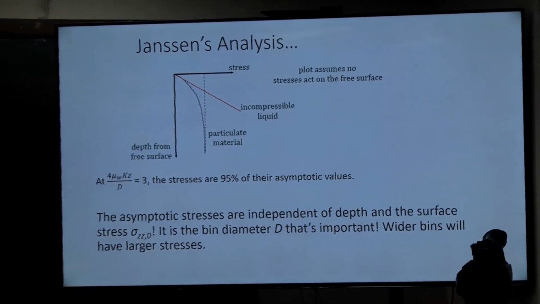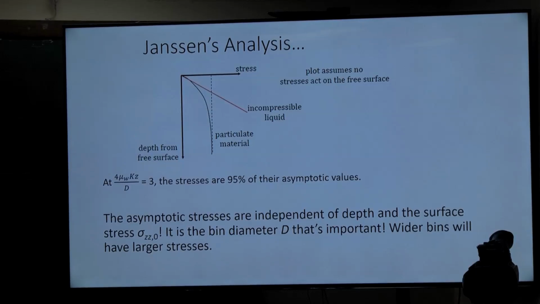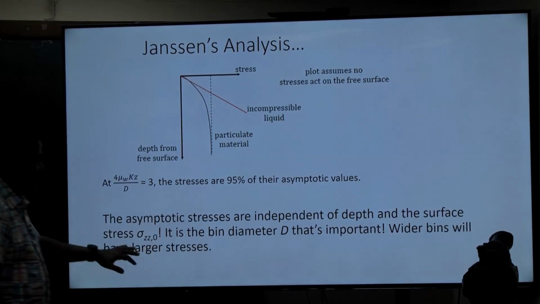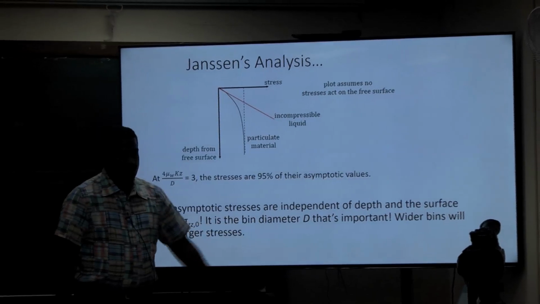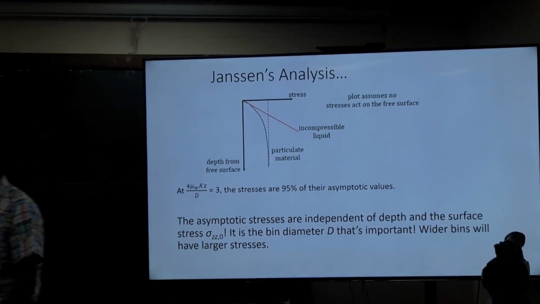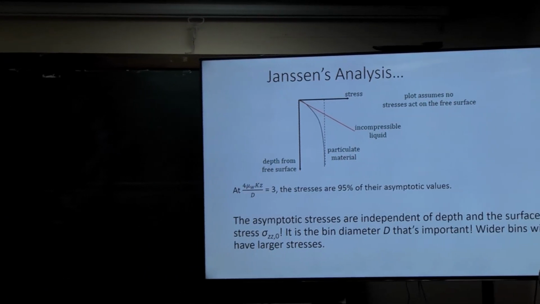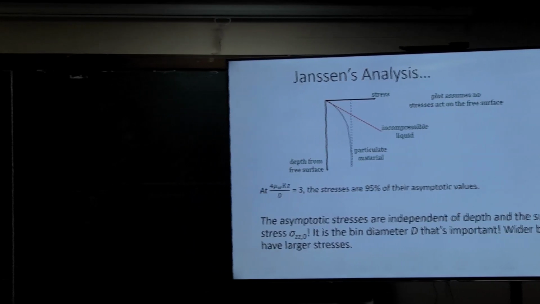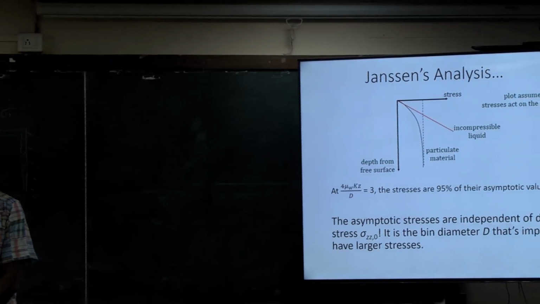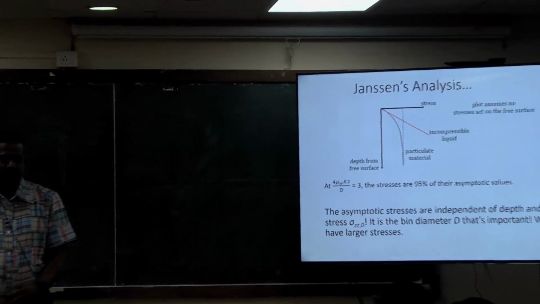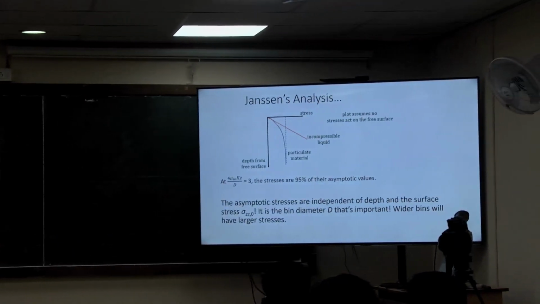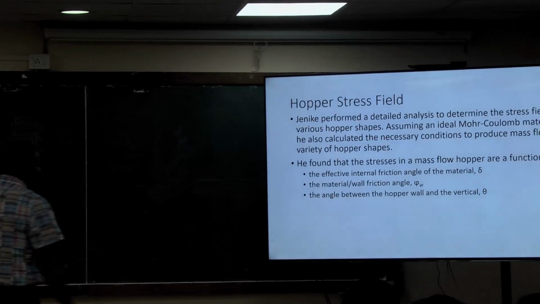So for particulate material, the most important parameter here is the diameter of the bin. Keep it shorter so that you can get away with a minimum bin wall thickness or strength.